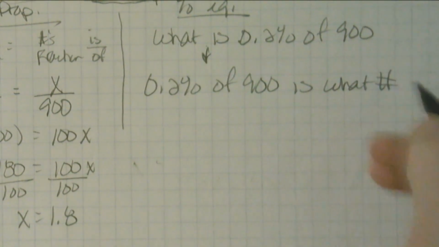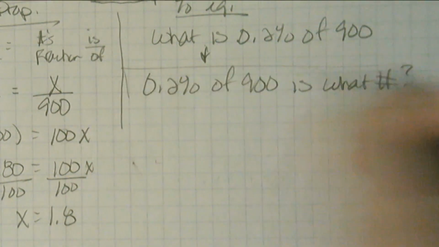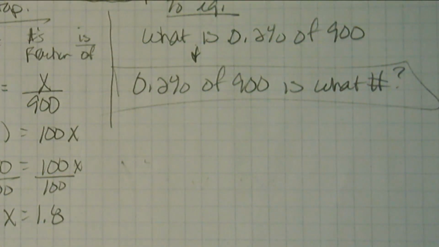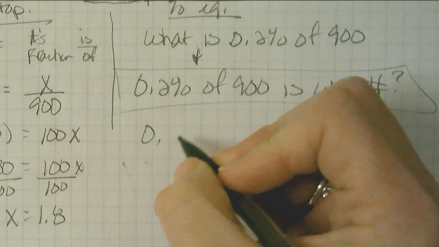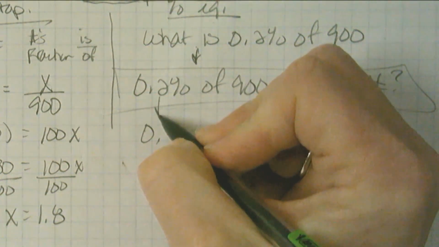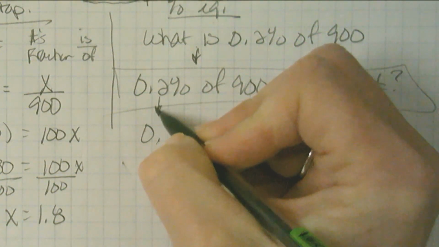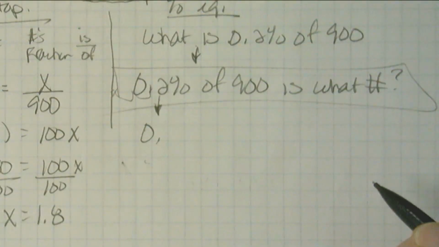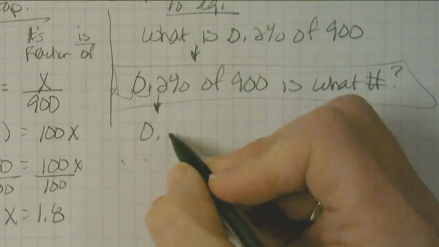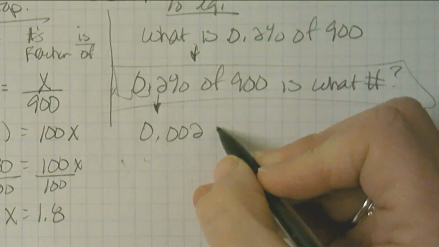I want that in the proper order. Somebody write my equation for me. Serena? It can't be 0.2. I need to turn it into either a fraction or a decimal. A decimal is probably best. So move that decimal 2 places to the left. Excellent.